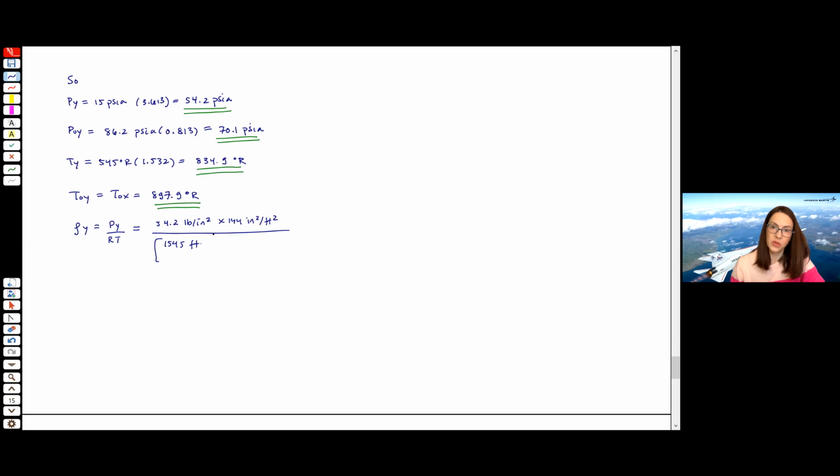It depends on what table you look at it in. You have to be careful about the units. So here we've got feet pounds per pound mole times degree Rankine, right? But to get all of our units to cancel, we've got to divide this by 32 pound mass over pound mole. So just be careful about that. All right, and then times 834.9 degrees Rankine gives us, for our density, 0.194 pound mass per feet cubed.